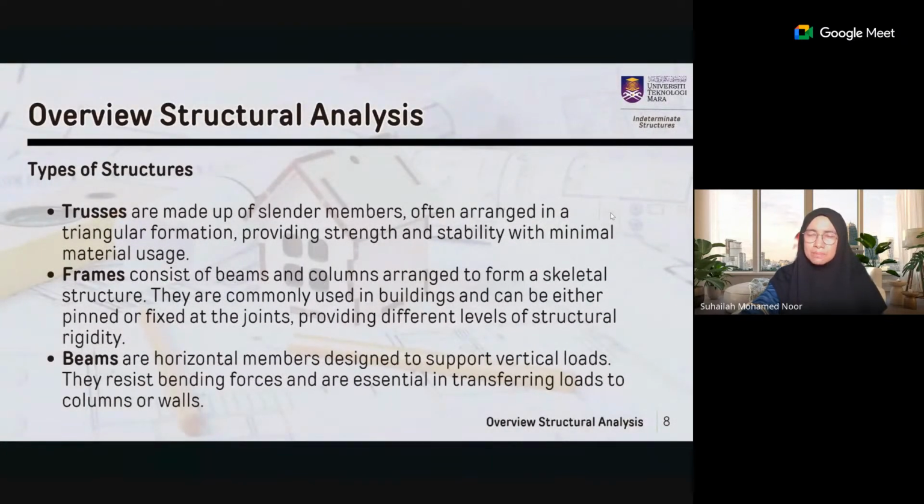Even though a frame may be more complex compared to a beam, we still analyze using the same principle, because in the flexibility method we just consider the bending effect in a frame. That means if we have learned about beam, we should be able to solve frame problems directly.